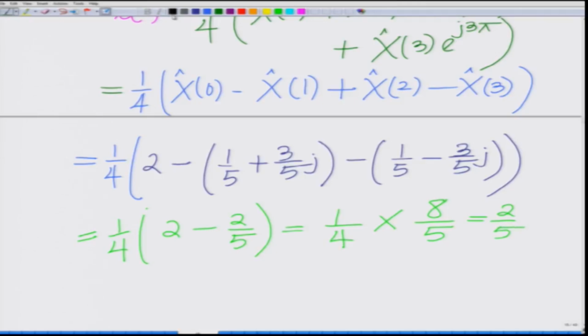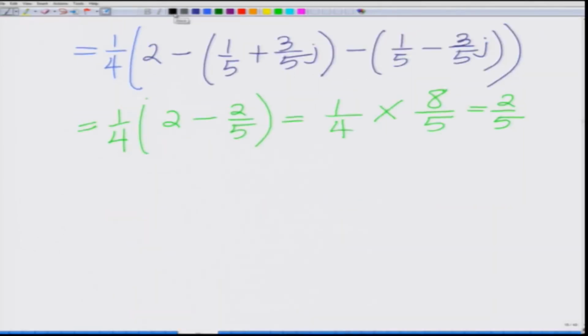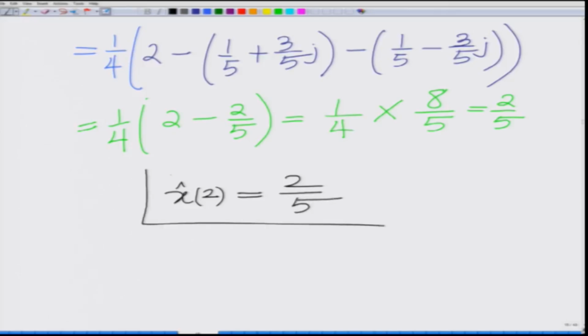Therefore, small x hat of 2, the estimate of symbol small x of 2, equals 2 by 5.